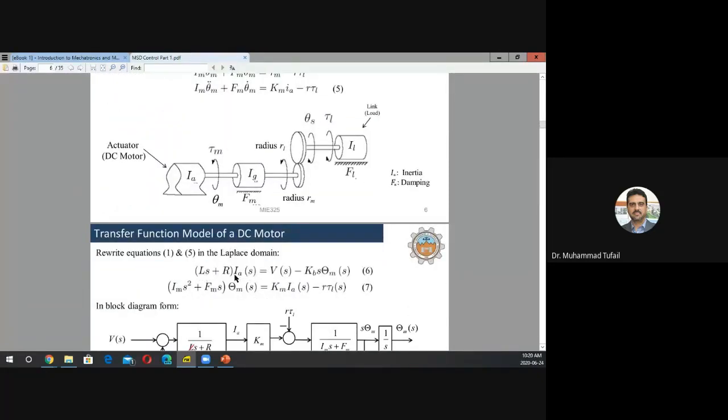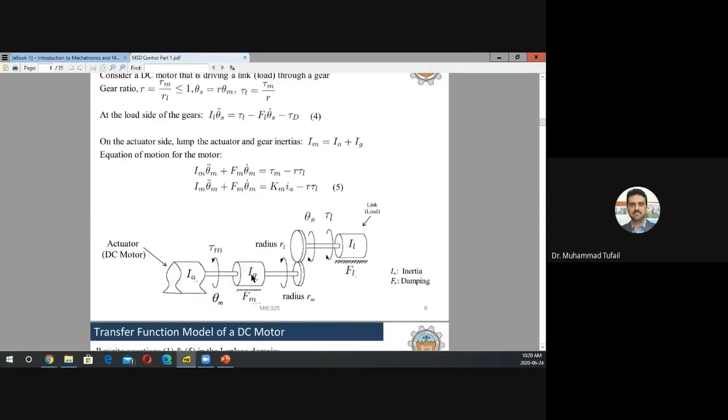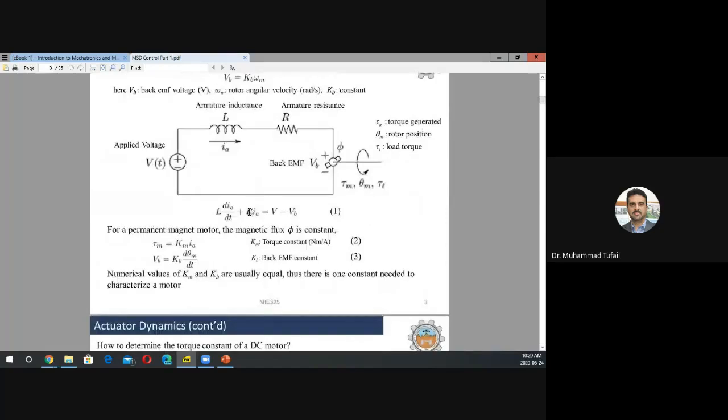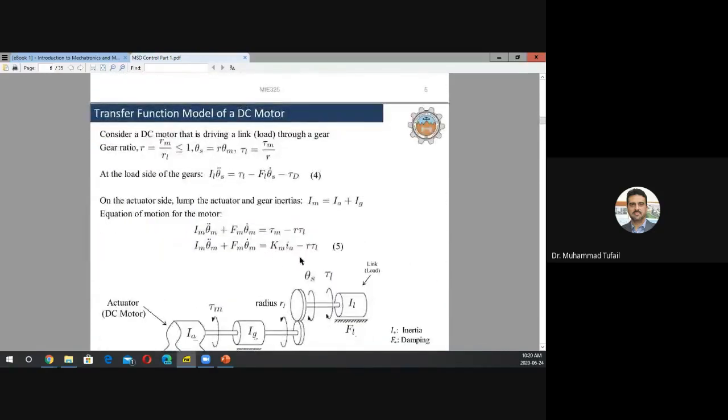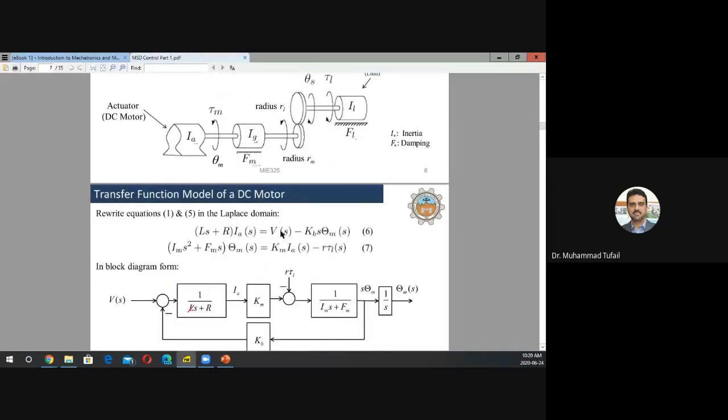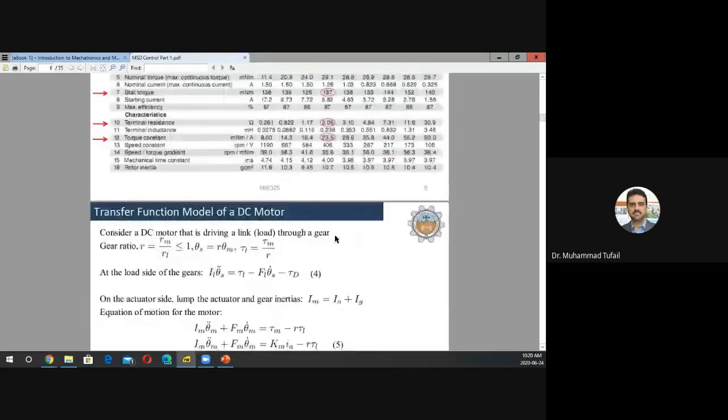And whatever quantities were time varying, this time we'll write as a function of S, because S kind of replaces the t variable. So we're in the Laplace domain. Similarly, take the Laplace transform of this, so it will just become R times IA of S. And on the right side, just take V of S minus the back EMF.